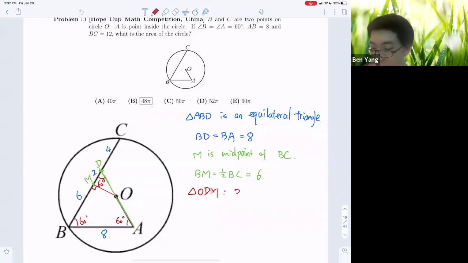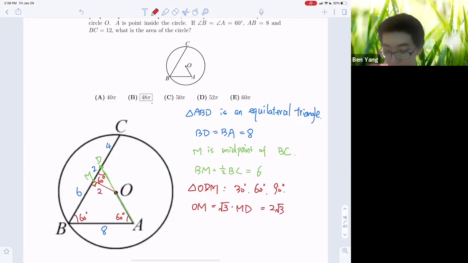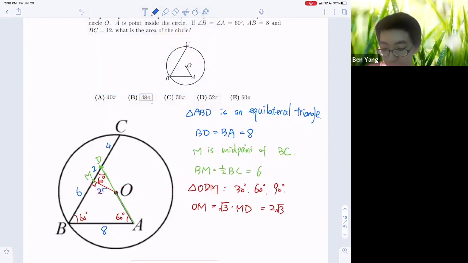And then we can find the side lengths of that triangle. So OM should be equal to √3 times the length of MD. So that is 2 times square root of 3.